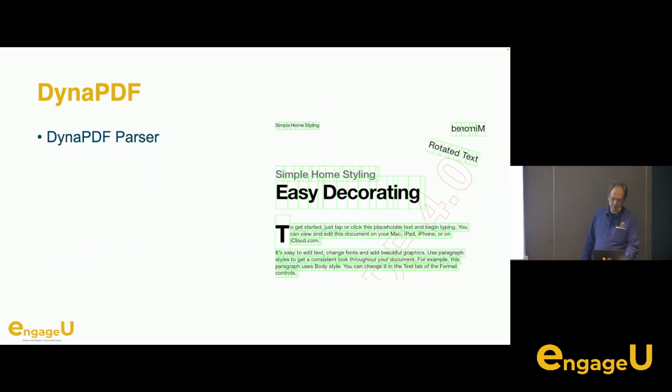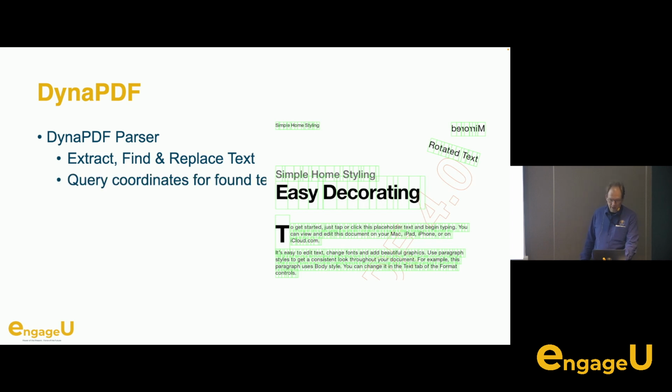Then we got a parser interface where you can do a lot of things with the content of a page. Like you can extract the text of a page, you can do search and replace. So you can replace placeholders with the text you want. You can also query the coordinates for the text you found. So you can ask where a certain text is on the page. You can delete text in a rectangle.